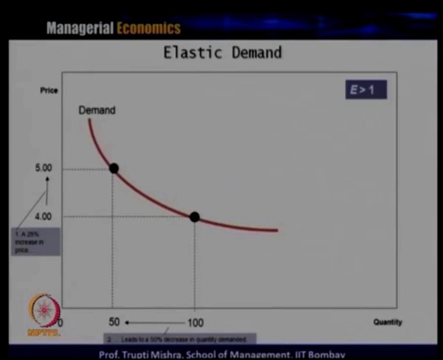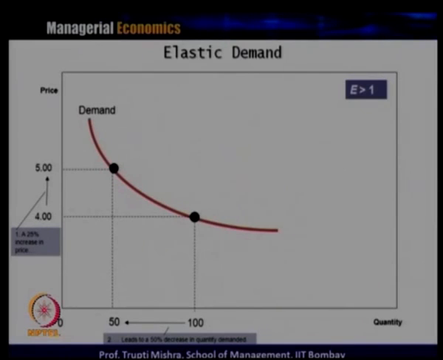Then we will take the case of elastic demand, that is, relatively elastic demand. In this case, when the price increases from 4 rupees to 5 rupees, the quantity demanded decreases from 100 units to 50 units. The increase in price is 25%, the decrease in quantity demanded is 50%.